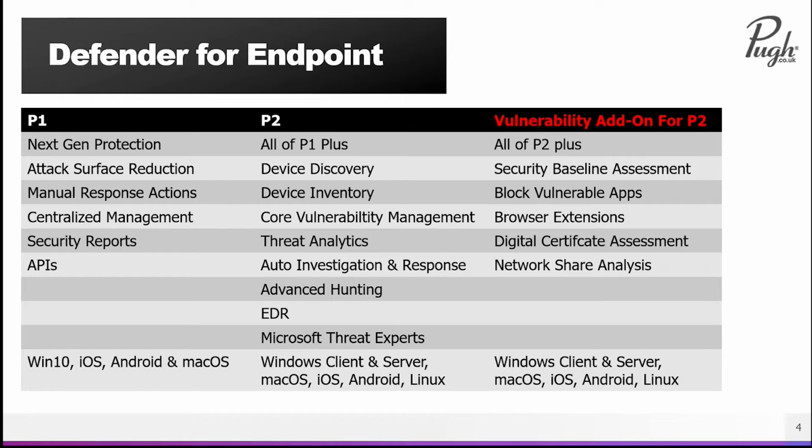Then the core vulnerability management looks at all your endpoints and shows you any weak points within the network. Then there's other tools such as auto investigation and response, where you can create scripts to remediate issues automatically. It's got EDR to look for any files hiding on your network.